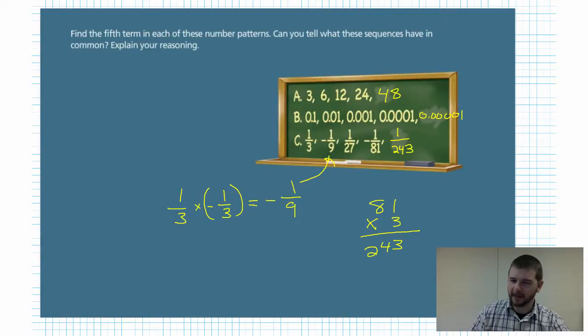Now -1/9 times that same common value, that constant -1/3, well, a negative times a negative is positive. 1 times 1 is 1, and 9 times 3, 27. This third sequence can also be thought of as simply multiplying each term by a value of the same constant value to get the next term throughout the sequence.